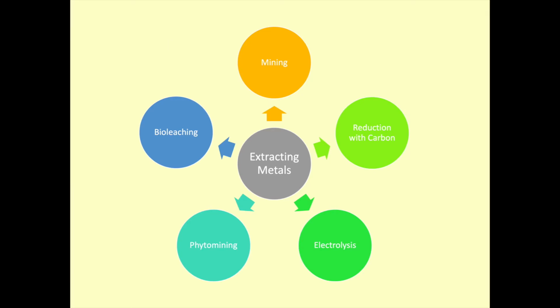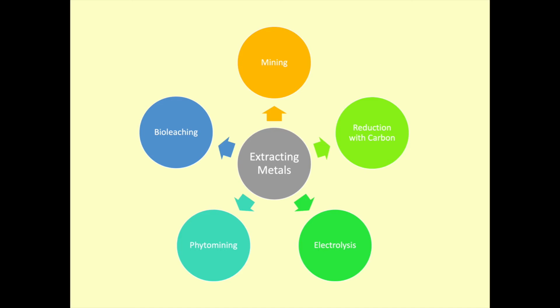So I want to consider now the different methods in which we extract our metals. Some of these will be familiar to us from our chemical changes topic, where we looked at the reactivity series of metals and the different ways in which we could extract metals.